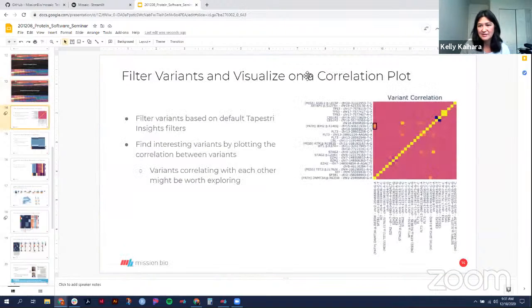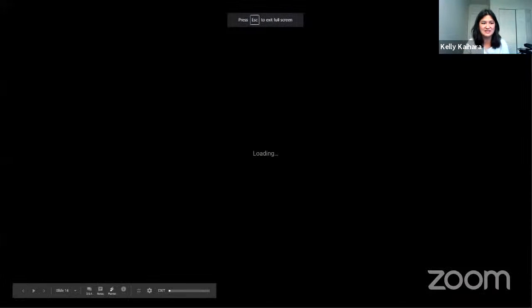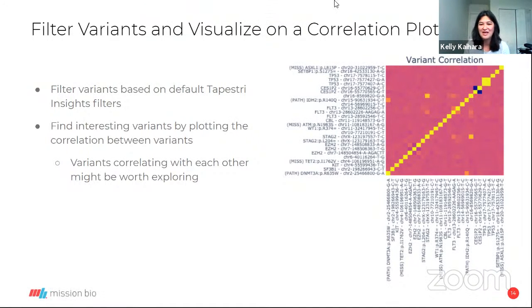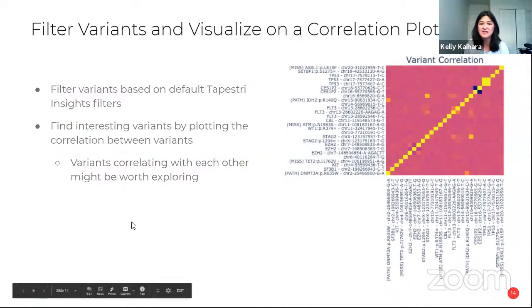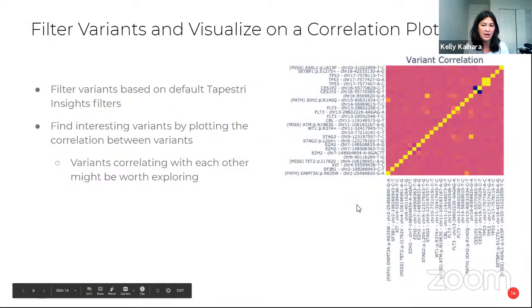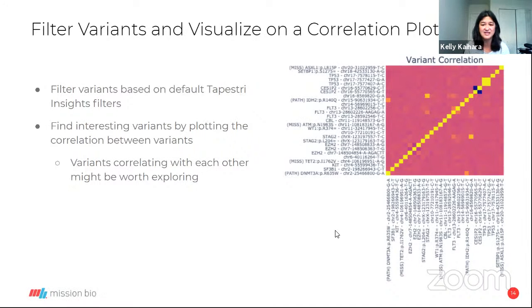So with that, I'd like to give you a sneak peek of what the Mosaic Jupyter notebook can do. It can do exactly the same thing that the Tapestri Insights software can do, but it has more advanced analysis tools. So for instance, one of the very first things you would want to do is identify all of the DNA variants that exist within this sample.